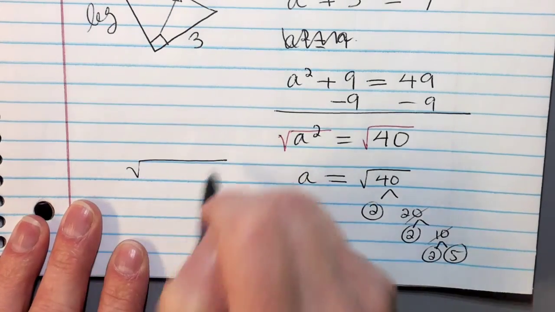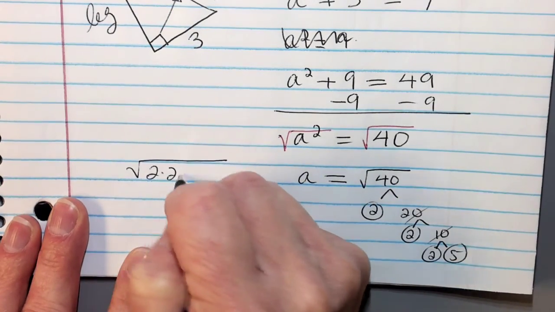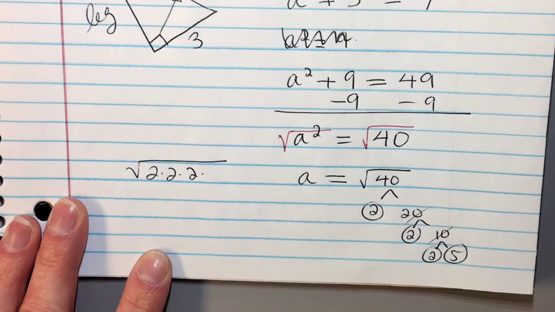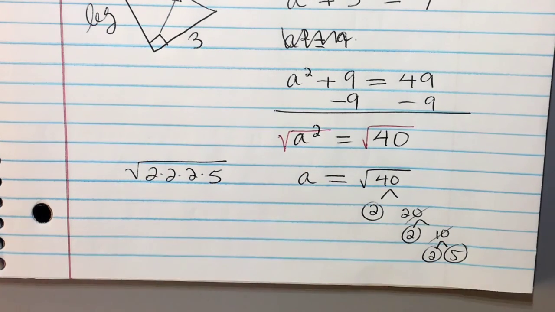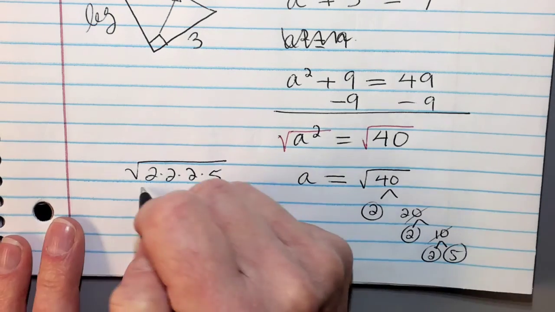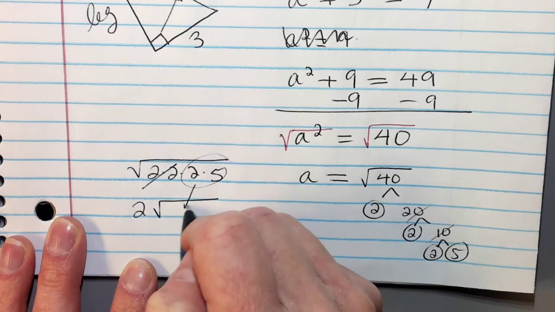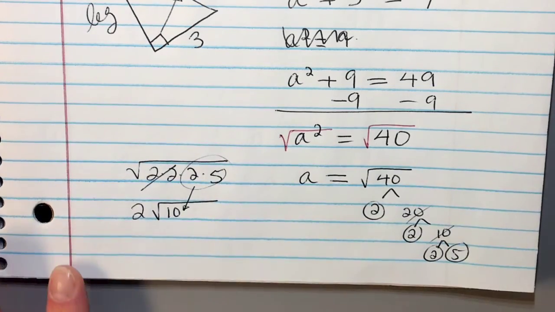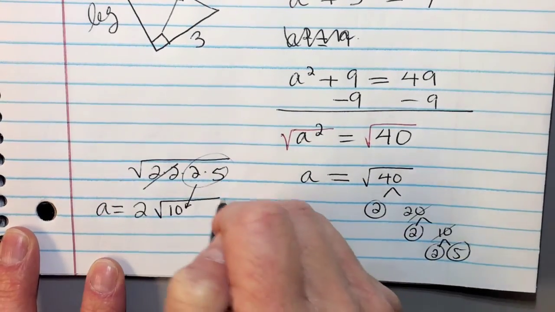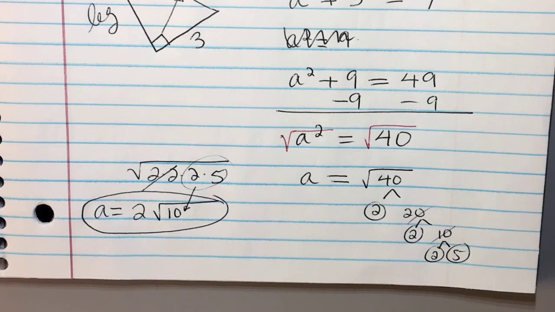So I'm going to clean this back up. We have a triple set of 2's and a 5. Out comes a 2. Inside stays the 2 and the 5. We have 2 root 10. And we just found our missing side.